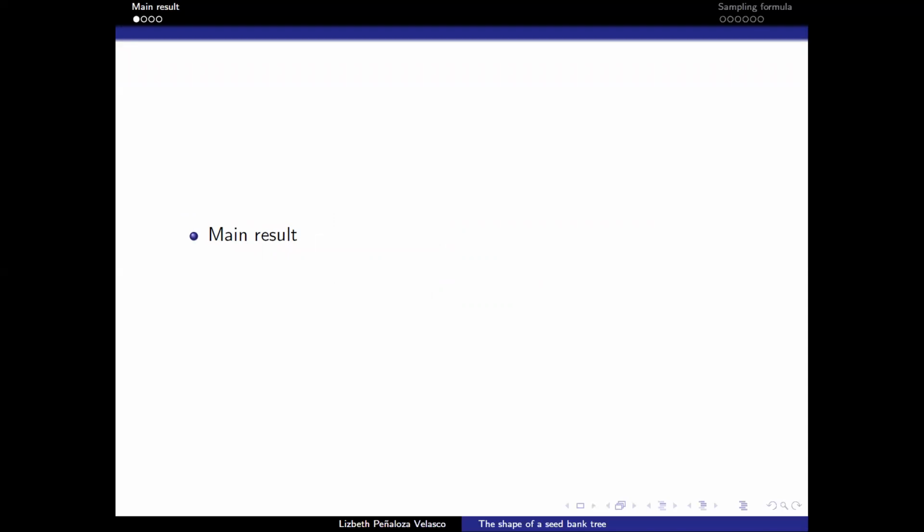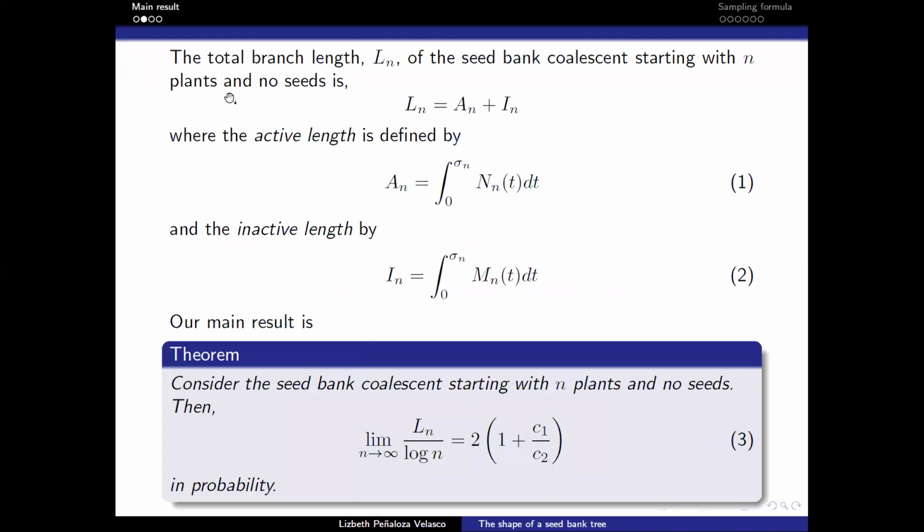Then our main result is that the total branch length of the seed bank coalescent, starting with n plants and no seeds, is equal to the active length plus the inactive length, where the active length is equal to the integral from time 0 to sigma n of the number of plants, and the inactive length is equal to the integral from time 0 to sigma n of the number of seeds.